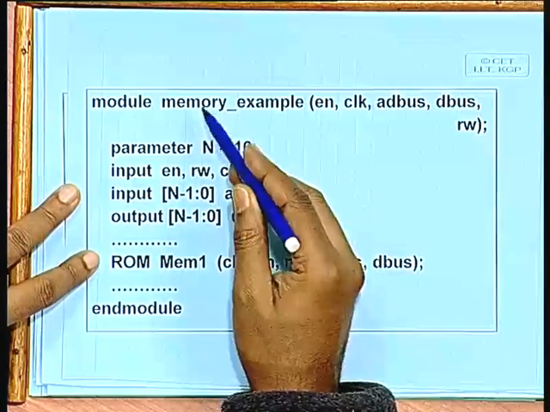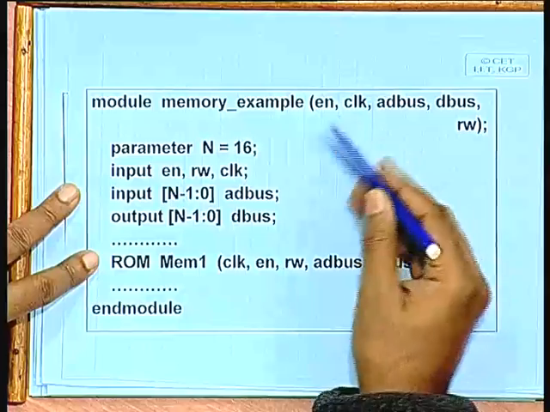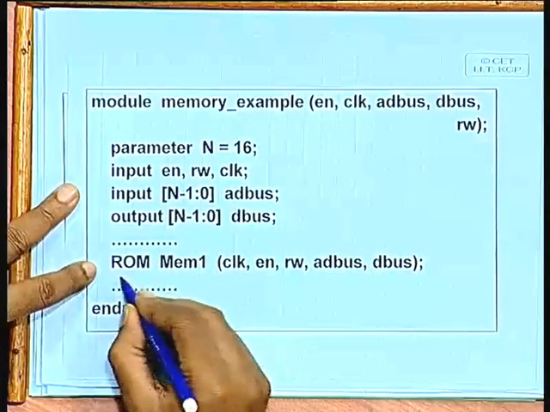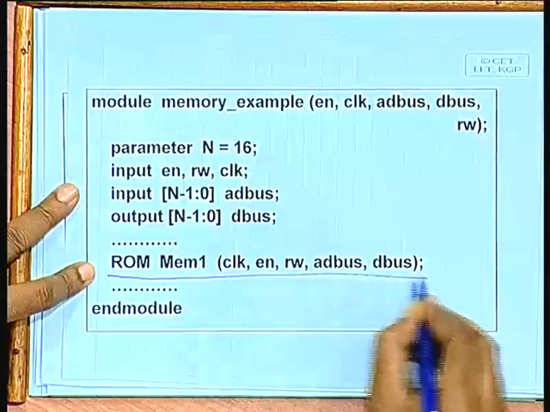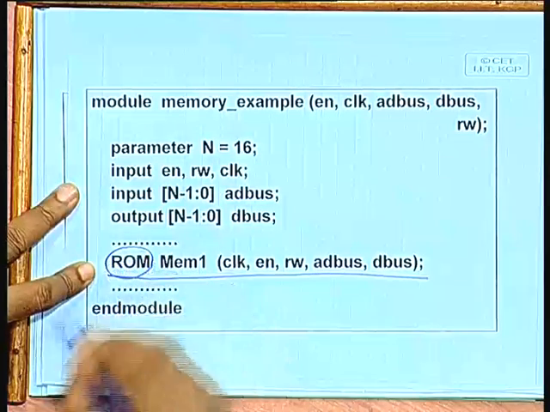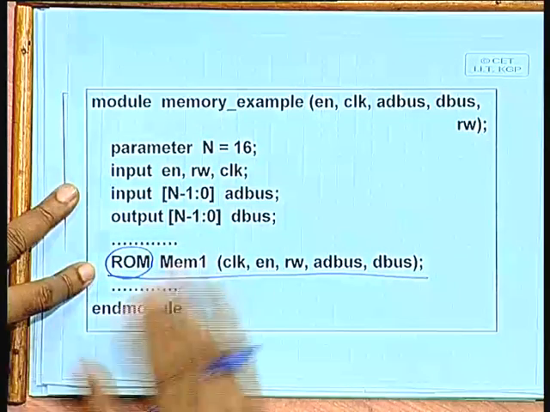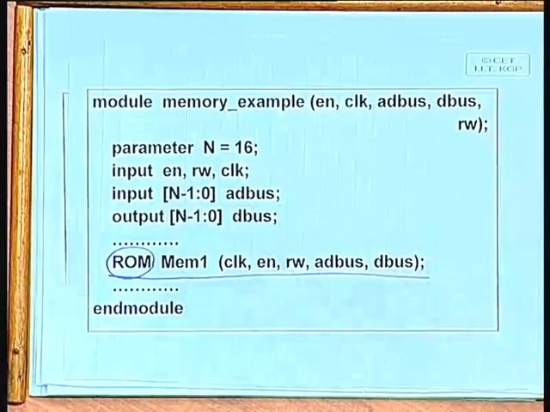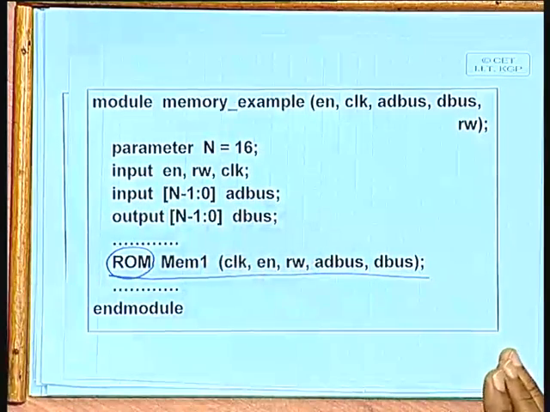This is the high level block which can use a module. Other than memory, there can be some logic also, but here we are instantiating this ROM component in the design. There can be other statements also. So this is how you will do it. I am not going into the detail of this, fine.